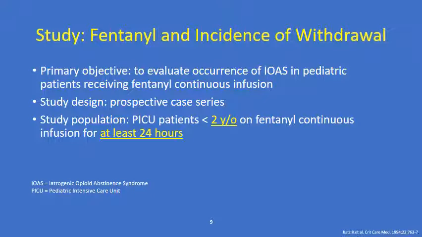And the primary objective was to evaluate the occurrence of IOAS specifically, so our iatrogenic type, in pediatric patients receiving a fentanyl continuous infusion. And it was a prospective case series, specifically looking at PICU patients in the pediatric intensive care unit, less than 2 years of age, on a fentanyl continuous infusion for at least 24 hours. So they had to have been on it for at least a day to be included in the study.